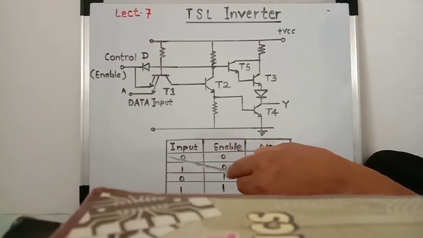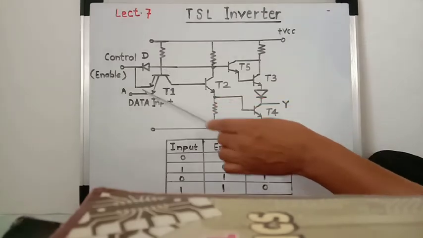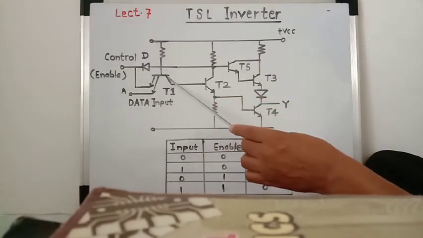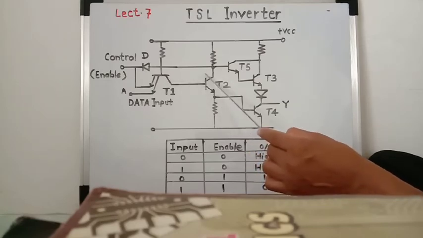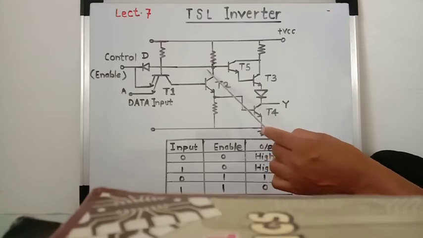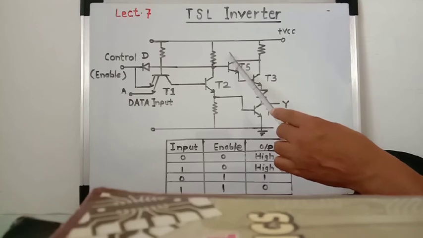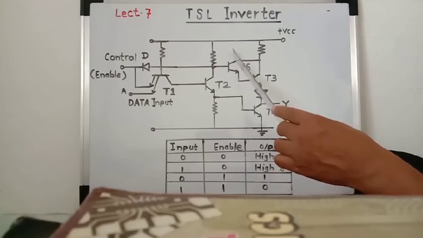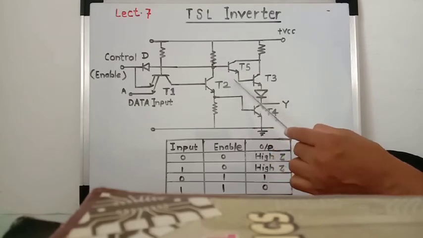Since data input is 0, transistor T1 is turned on and its collector goes low, therefore transistor T2 is cut off. Since T2 is cut off, transistor T5 is turned on, and since T5 is turned on, transistor T3 is also turned on.